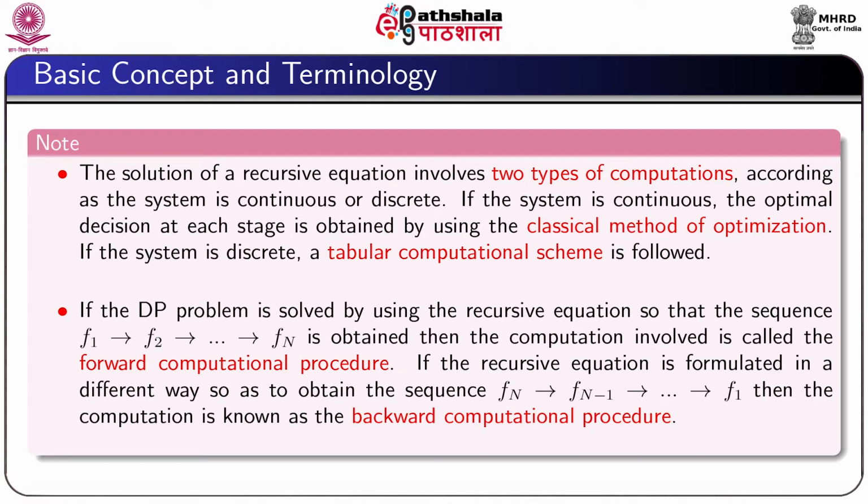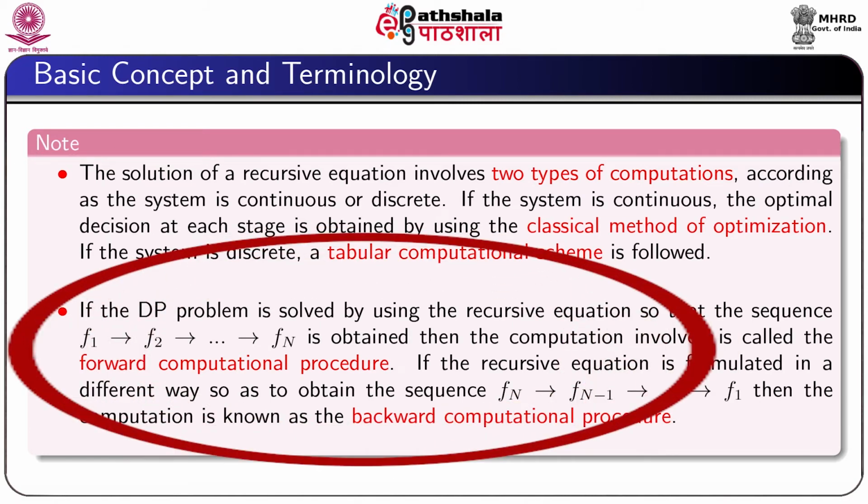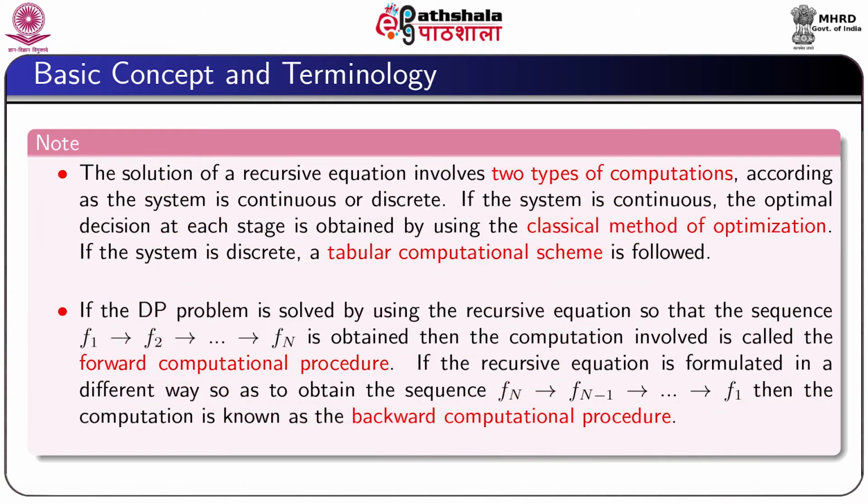Note 2: if the dynamic programming problem is solved by using the recursive equation starting from the first through the last stage, that is, if we obtain the sequence f1, f2 up to fn, then such a computation is called forward computational procedure.